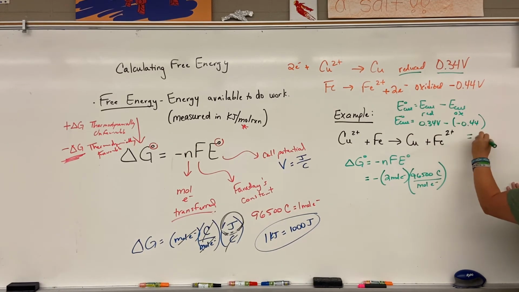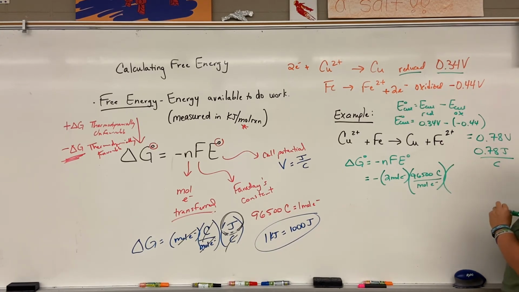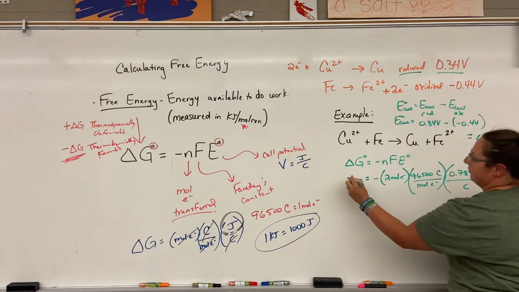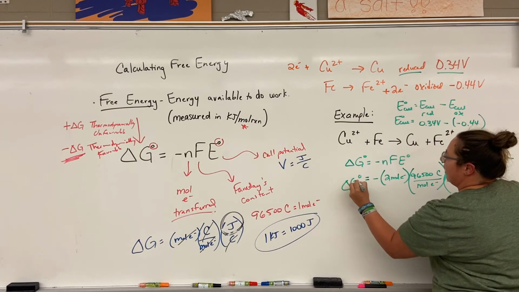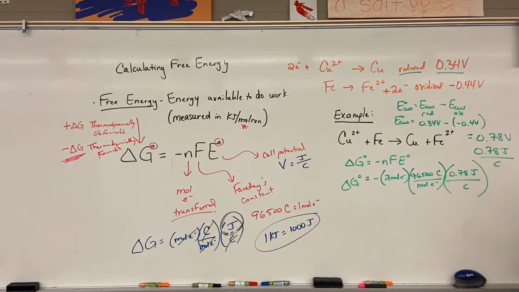And so for that value, we get 0.78 volts, okay? Now remember what volts is equal to. 0.78 volts is like saying 0.78 joules per coulomb. So I'm going to plug that value in right here. 0.78 joules per coulomb.